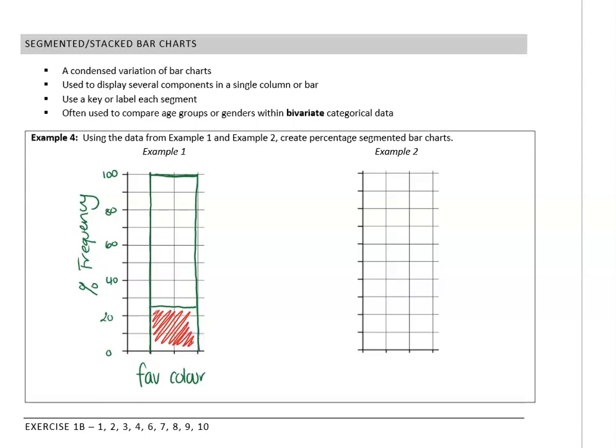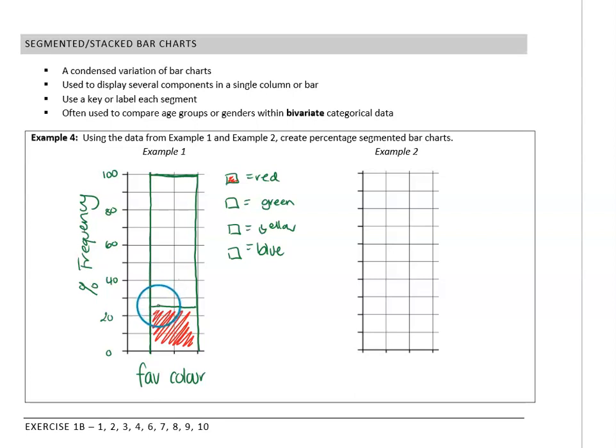What's going to be important though is that we have a key off to the side. And so I'll fill in these colours as we go. But we had red, green, yellow, and blue.